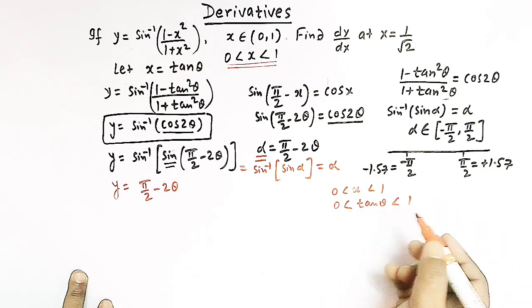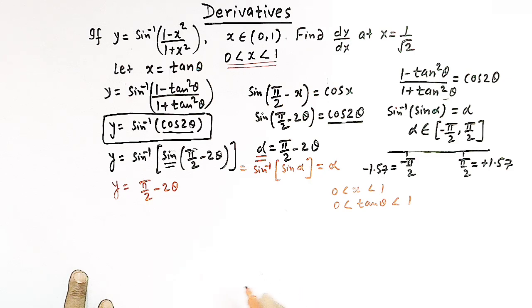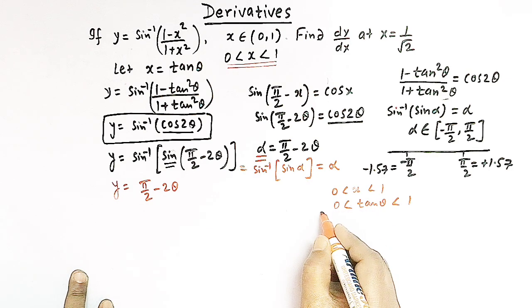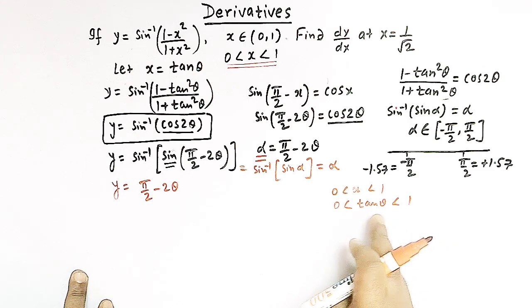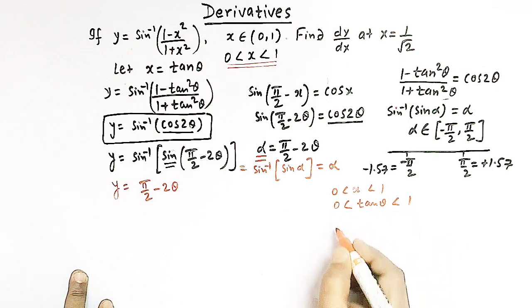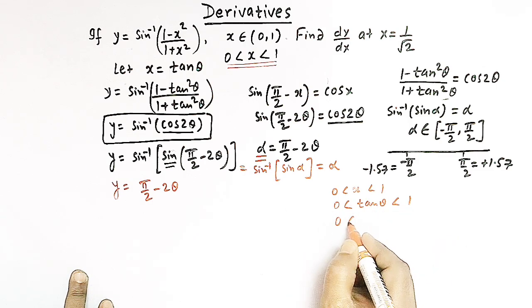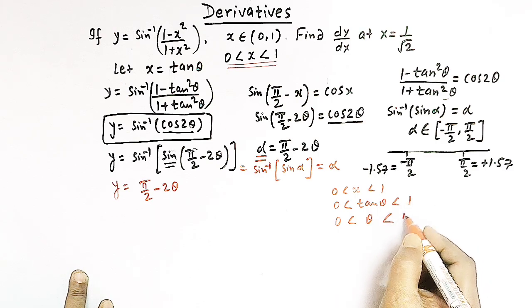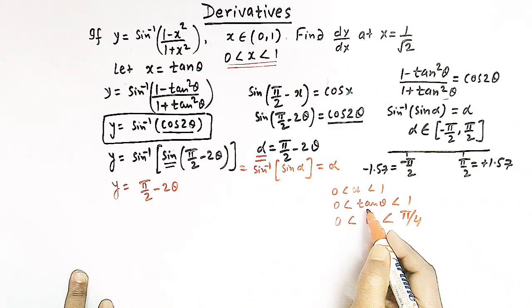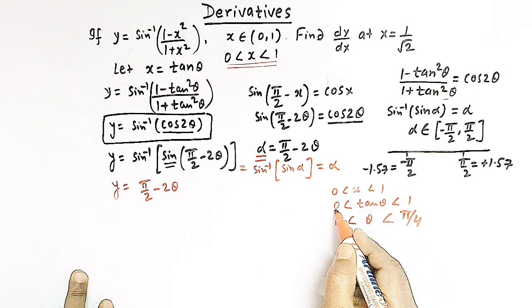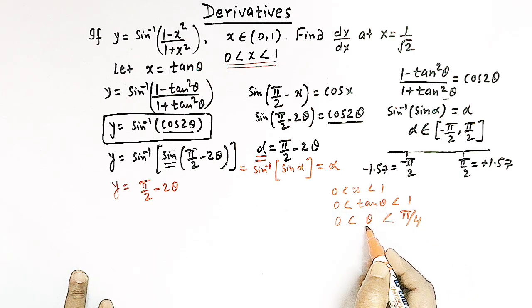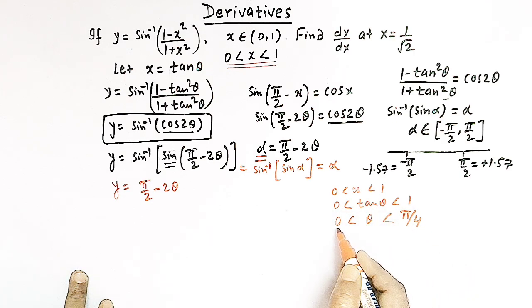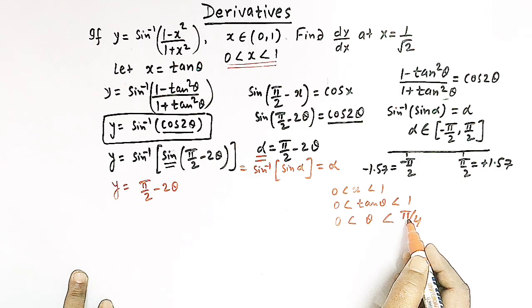Then theta belongs to the interval 0 to pi by 4. Taking the tan inverse of these three quantities, we have 0, then theta, and tan inverse of 1 is pi by 4. So when tan theta lies between 0 and 1, theta lies between 0 and pi by 4.